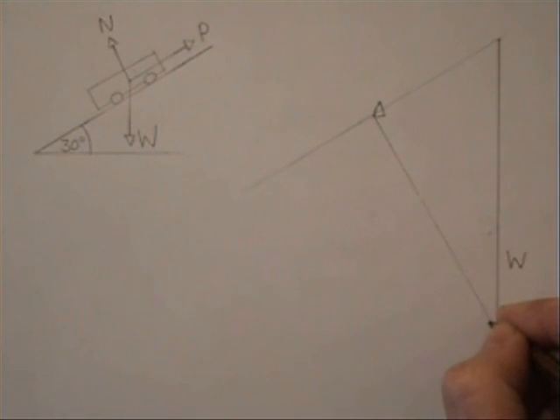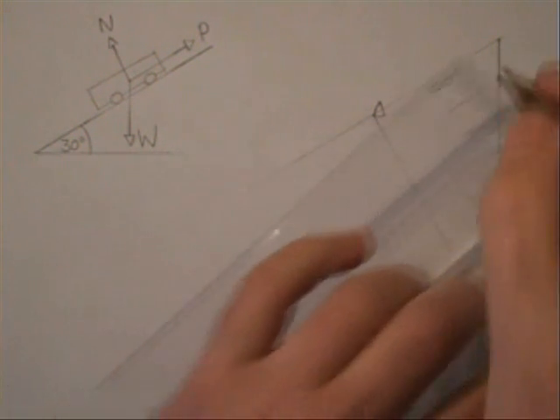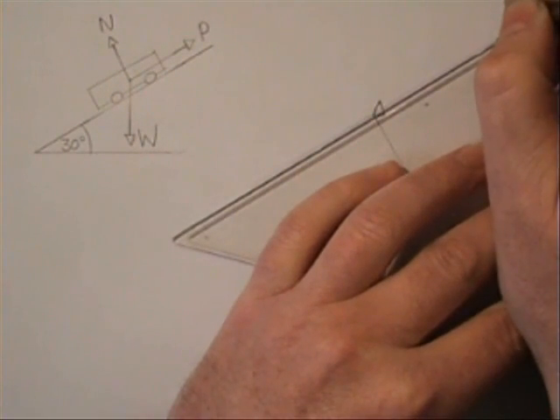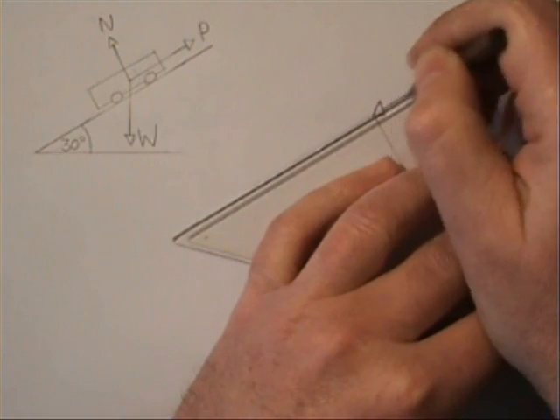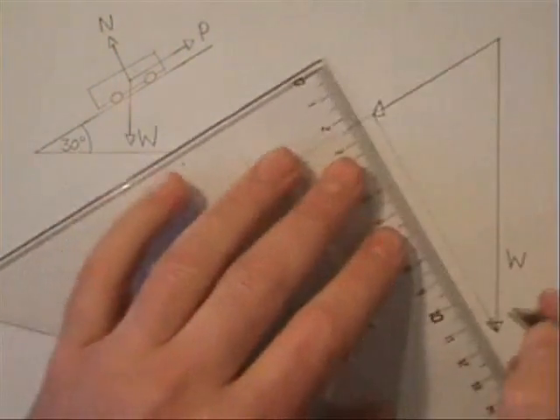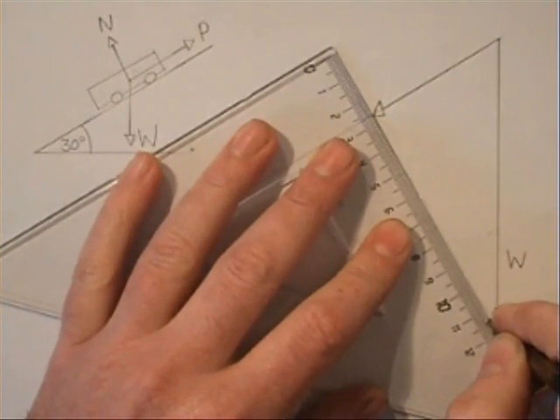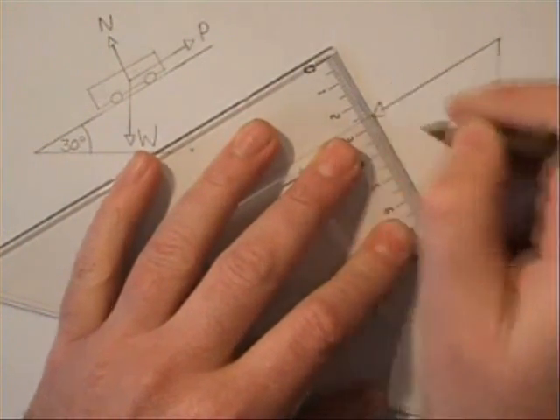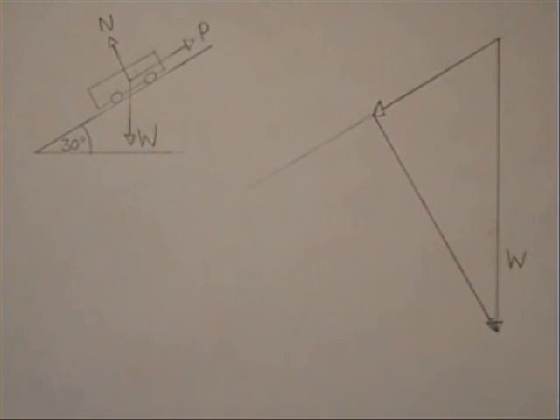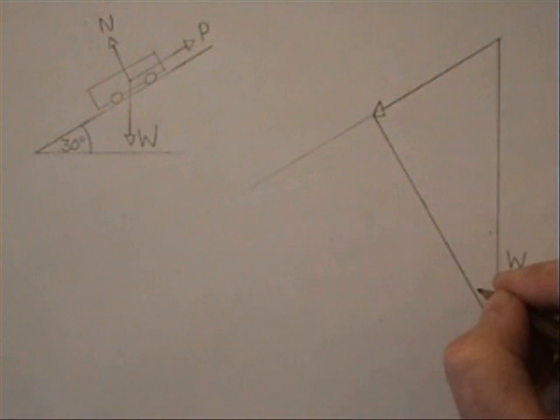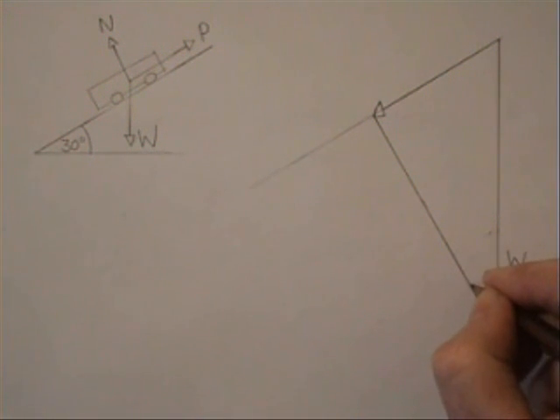A little awkward drawing the two arrows on top of each other, but we'll do our best. So there we have our two components. The angle at the bottom of our vector triangle must be the same as the angle of the slope, which is 30 degrees.